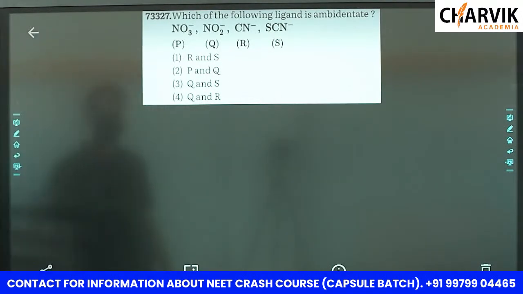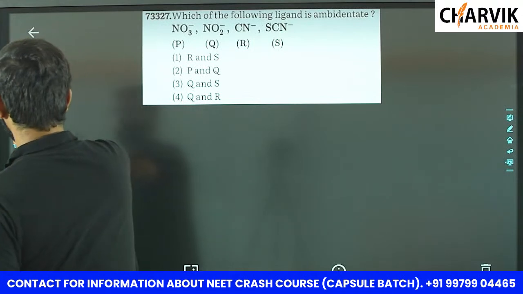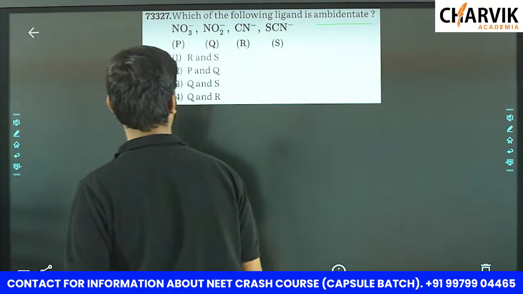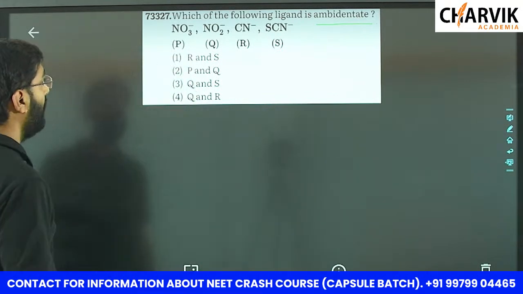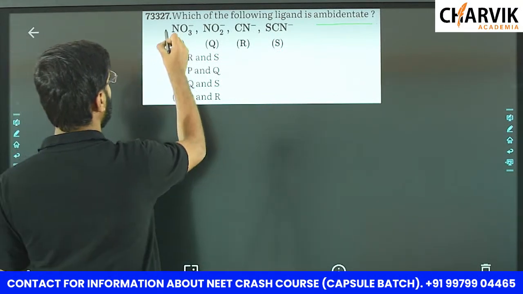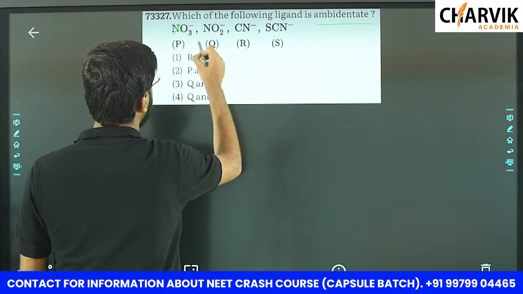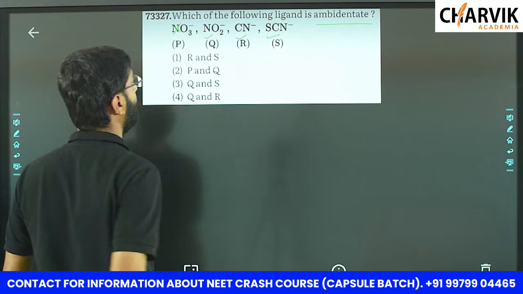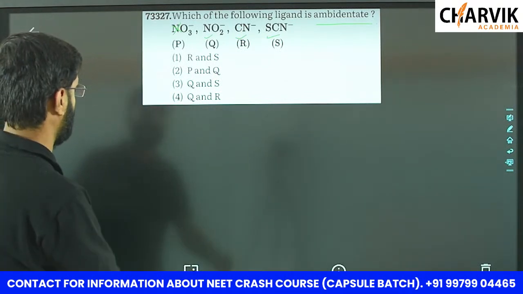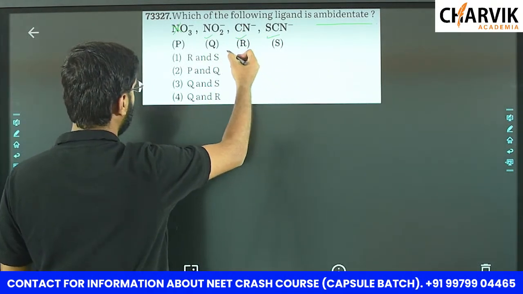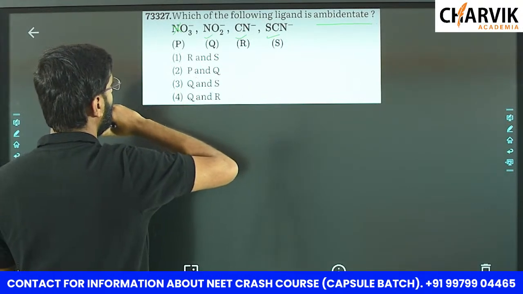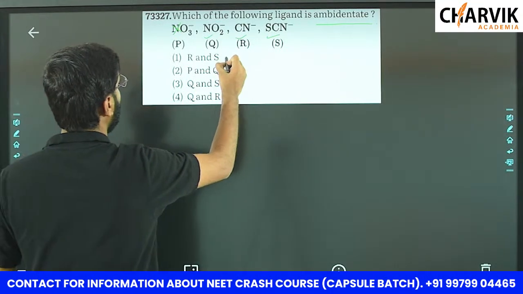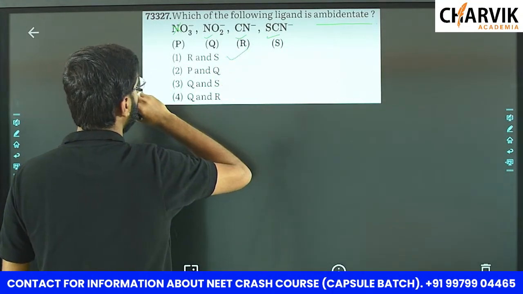Which of the following ligands is ambidentate? Question about ambidentate ligands. Now, NO3 is not an ambidentate ligand. NO2 minus, yes, this one is ambidentate, and this one. So Q, R and S, these three ligands are ambidentate. There is no option QRS, but R and S both are ambidentate.